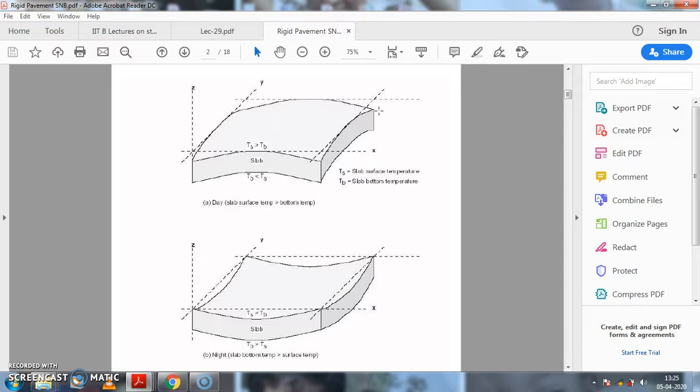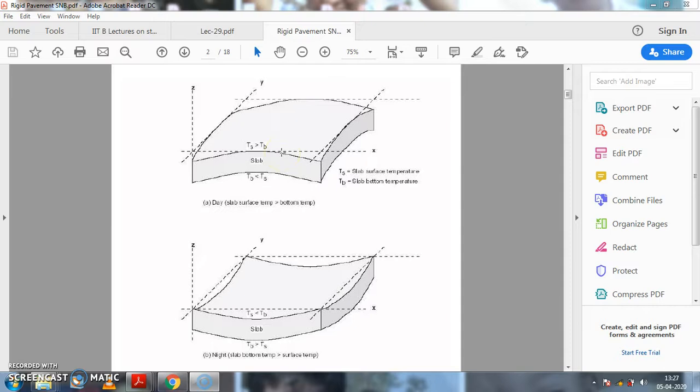If the temperature gradient varied with the depth of the slab, now suppose the weight of this slab and load transfer devices or friction at joints will restrain free warping. Free warping means the actual shape which the slab takes according to the temperature.